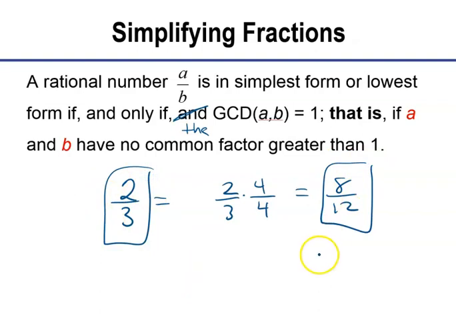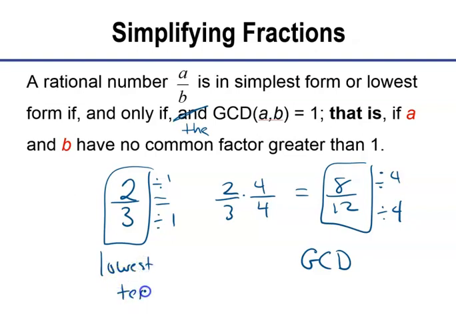If you look at the greatest common divisor, or the greatest common factor, both of these divide by 4. We know that because we multiplied them both by 4. But the only common factor between 2 and 3 is 1, and that's why we know this fraction is in lowest terms, whereas 8/12 is not in lowest terms.